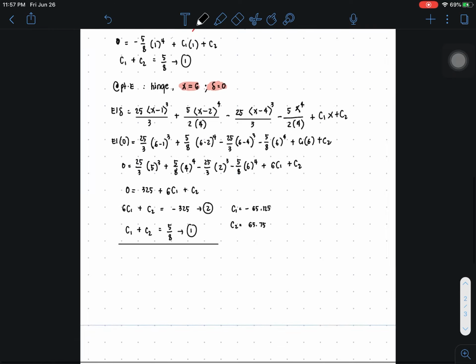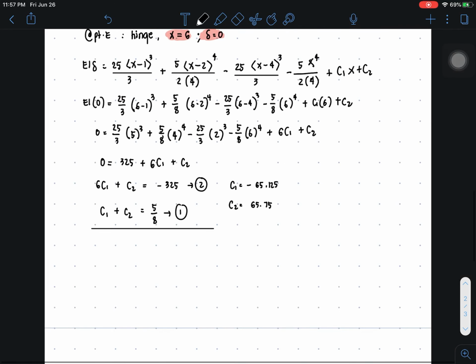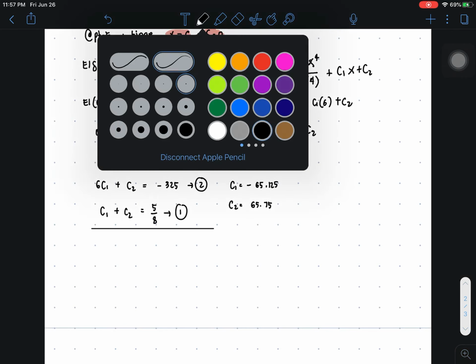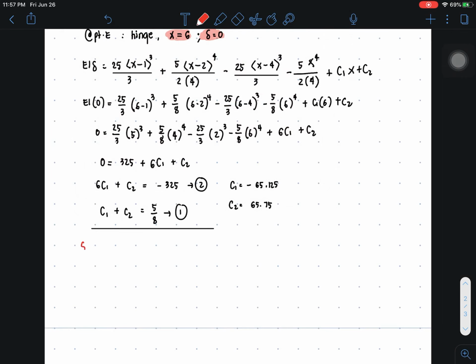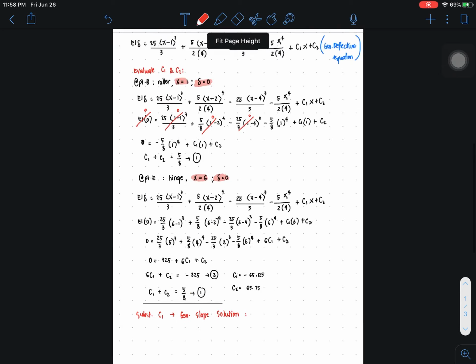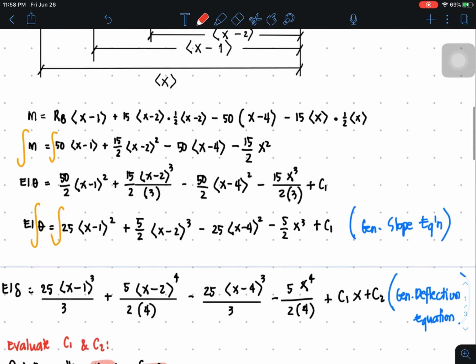Okay. Since we have these values of C1 and C2, so we're going to substitute now. So substitute C1 to general slope solution. So what is our general slope solution?